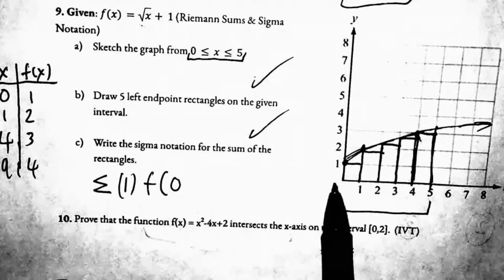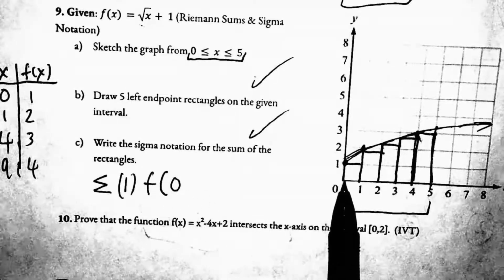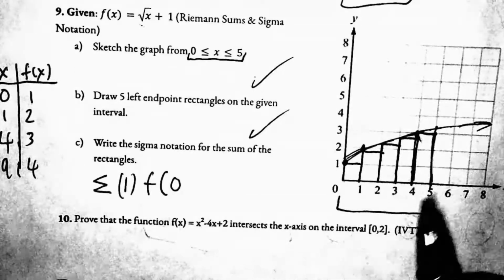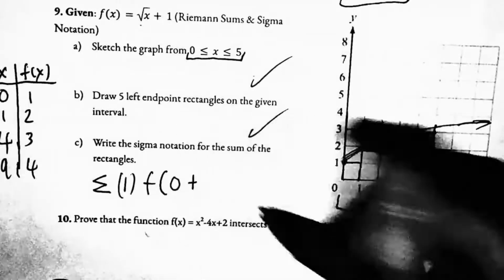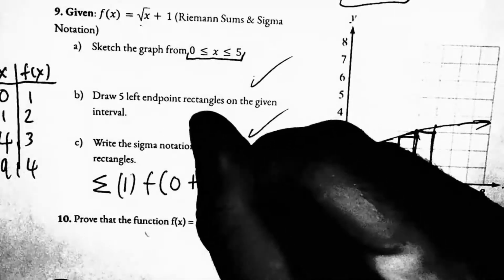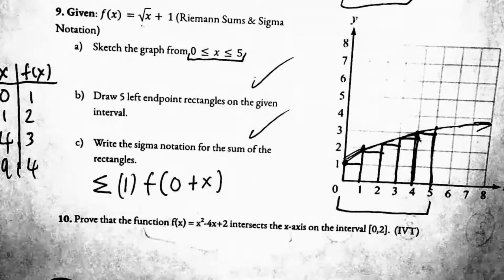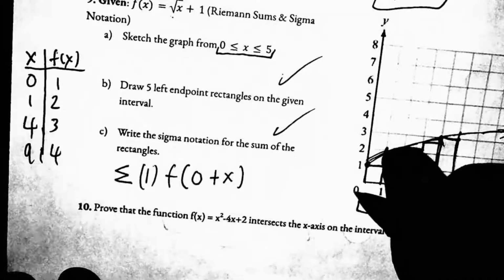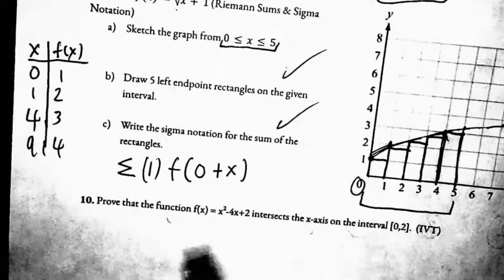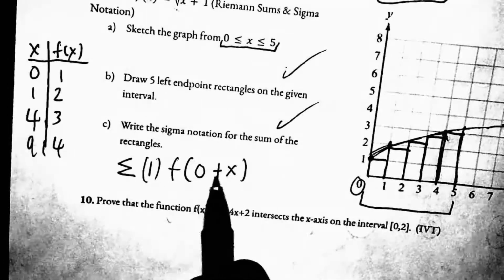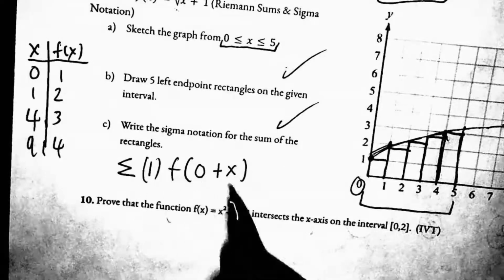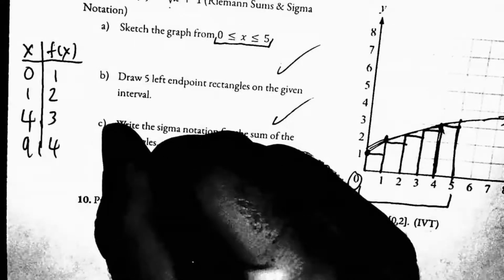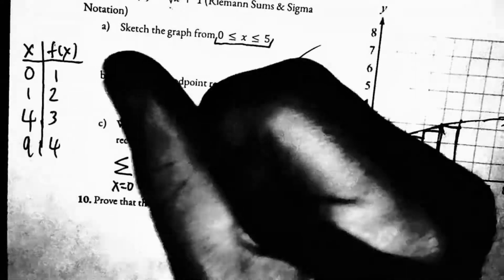And since I'm moving over every 1, it's just going to be plus x. Okay? And then remember the first value I want to take is the 0. So when I plug in my first number here, I should get 1 times f of 0. So I don't want this to be a 1. I want it to be a 0. It's going to be x equals 0 to 4.